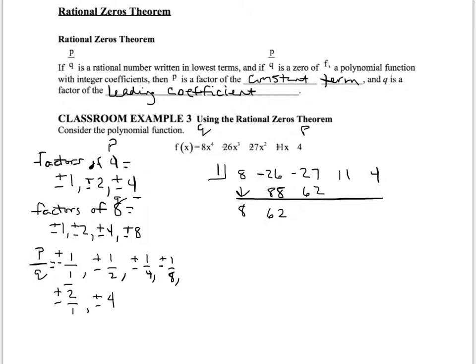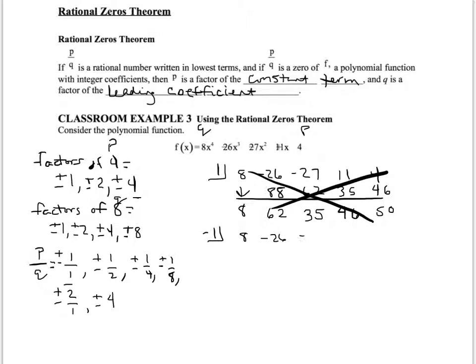I've got to add that to negative 27, and that's going to be negative 45. 1 times negative 45 is negative 45. And so when I add those together, 11 and negative 45 give me negative 34, and I can already tell 1 times negative 34 is negative 34. This is not going to be a 0 because that's 30 in my remainder spot. So trying to use positive 1 didn't work. Let's use negative 1.